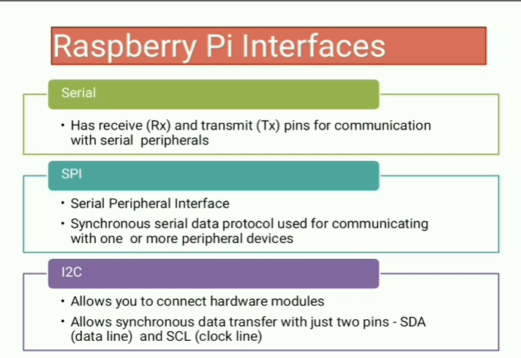If we want to communicate with two or more devices, then you can go with the SPI interface. In an SPI connection, there is one master device and one or more peripheral devices. And due to that, there are 5 pins on Raspberry Pi for the SPI interface.